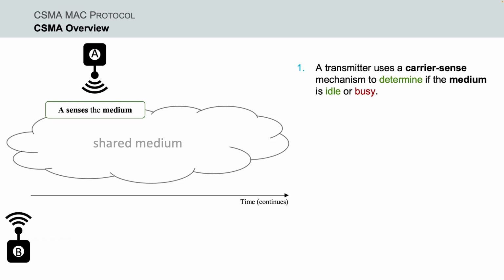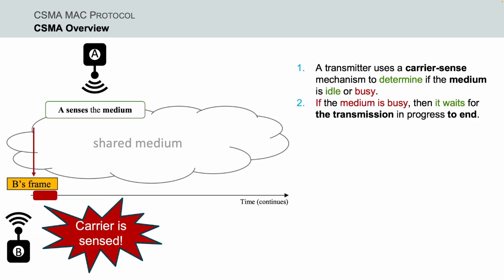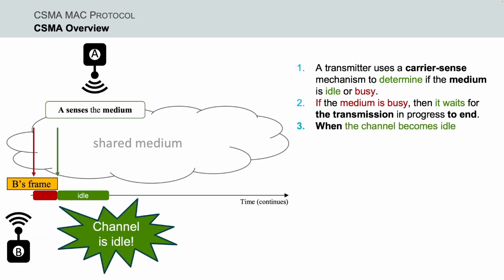In other words, it tries to detect the presence of a carrier signal from another node before attempting to transmit its own frame. If a carrier is sensed, which means that the shared transmission medium is busy, the node waits for the transmission in progress to end before initiating its own transmission.